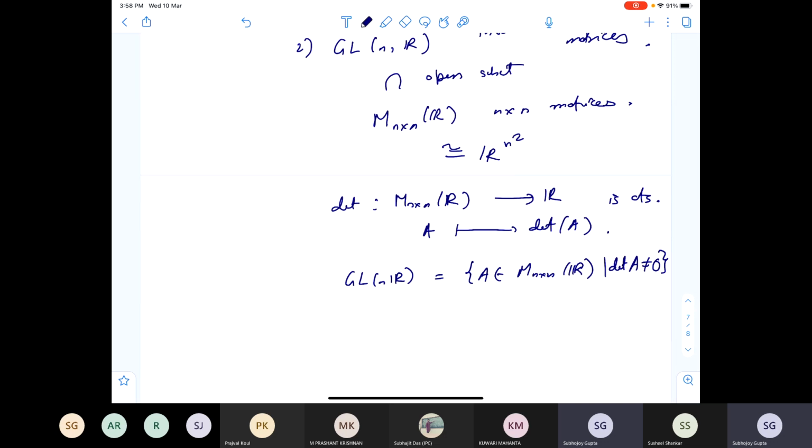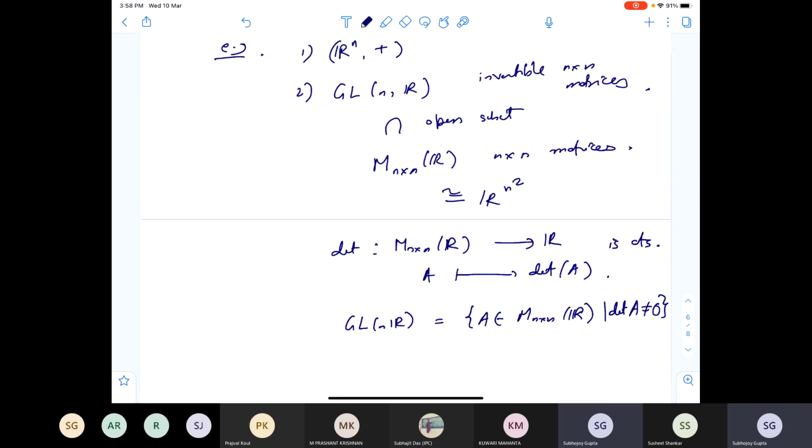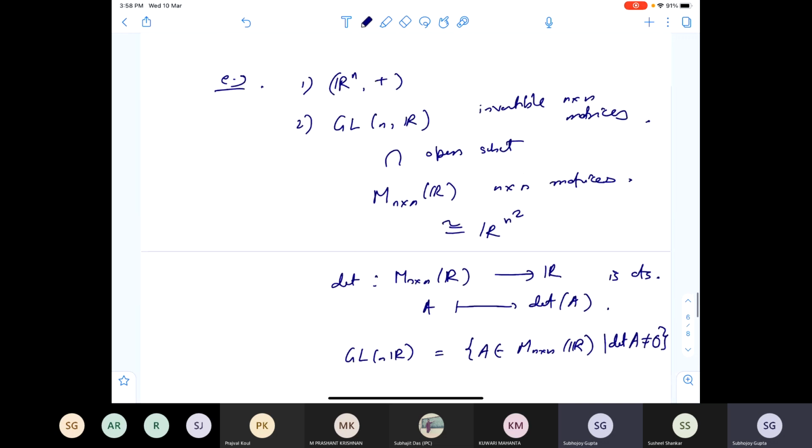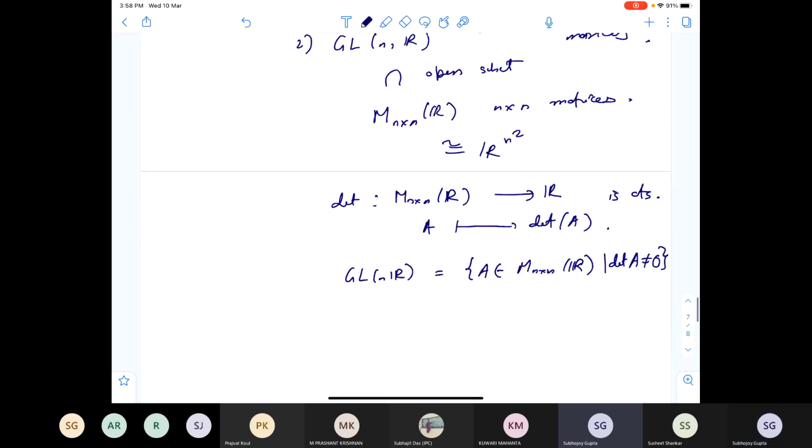That's an open set. So GL_n(R) is an open subset, and once you're an open subset of some manifold, you're automatically also a manifold, because it's just the inclusion map in some sense. So that's easy. That gives you a nice example.